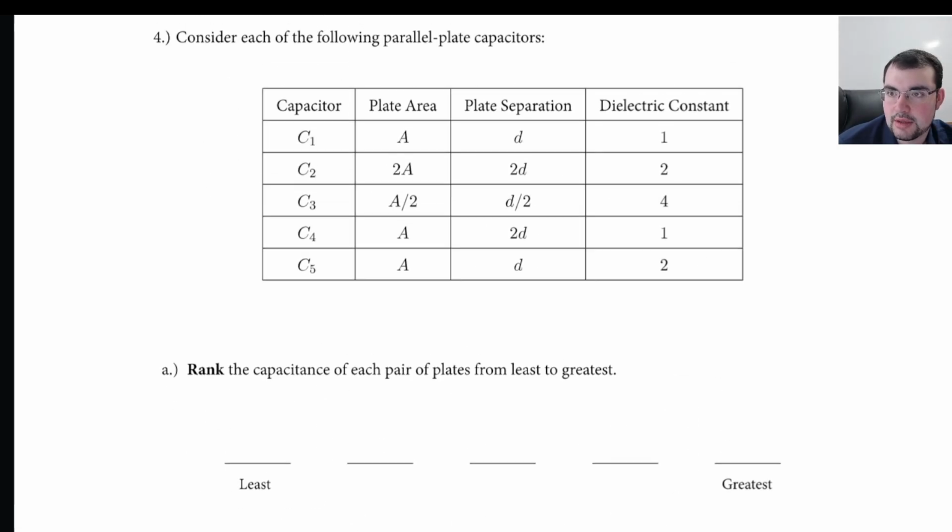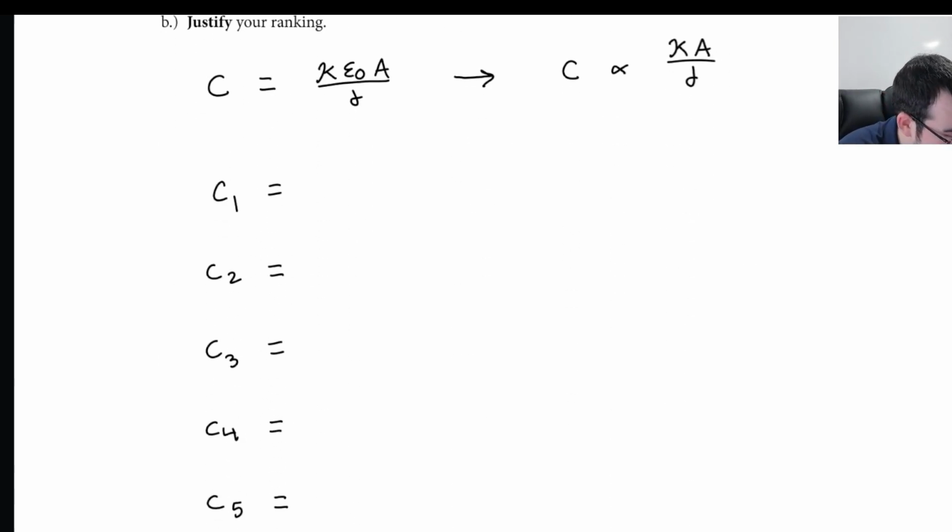So for C1, we have a plate area of A, plate separation of D, dielectric constant of 1. So C1 in this scale is going to be 1 for kappa, 1 for area, 1 for separation. So we get an effective value of 1.